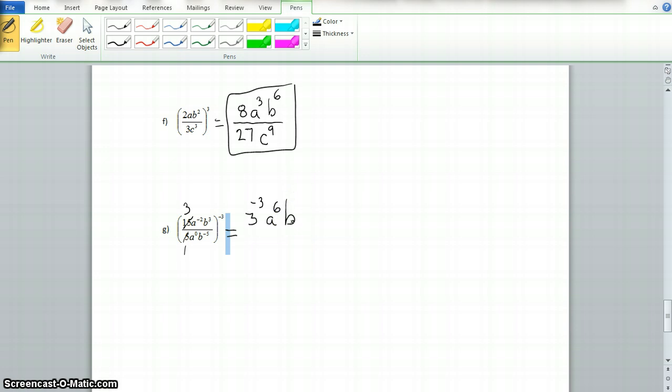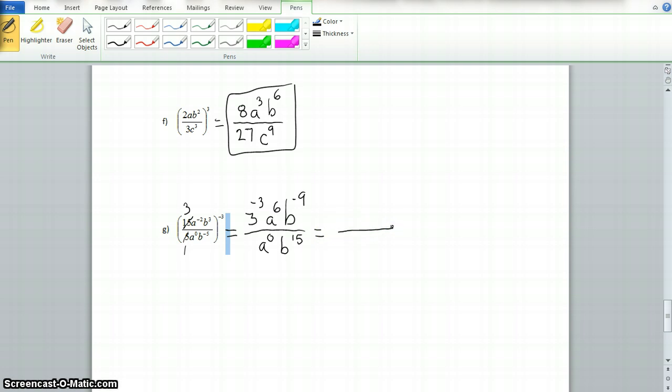Same with the b. 3 times negative 3 gives me negative 9 on my b in the numerator. The negative 3 is going to be a 1, I'm not going to write that. A to the 0 raised to the negative 3 is still a to the 0. And then my b in the denominator, negative 5 exponent raised to a negative 3 exponent. When you multiply them, you get positive 15.